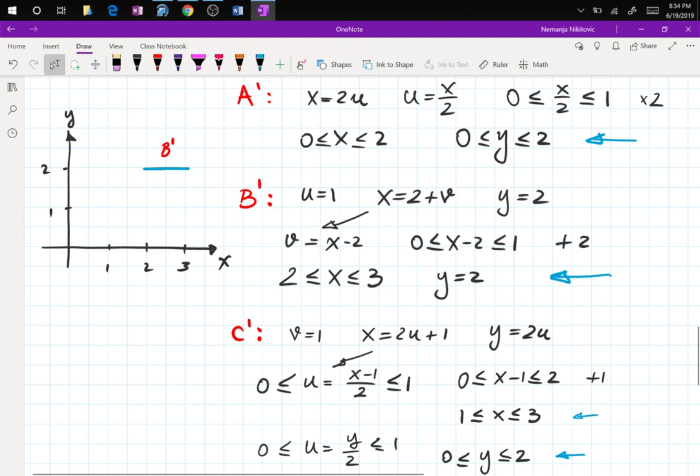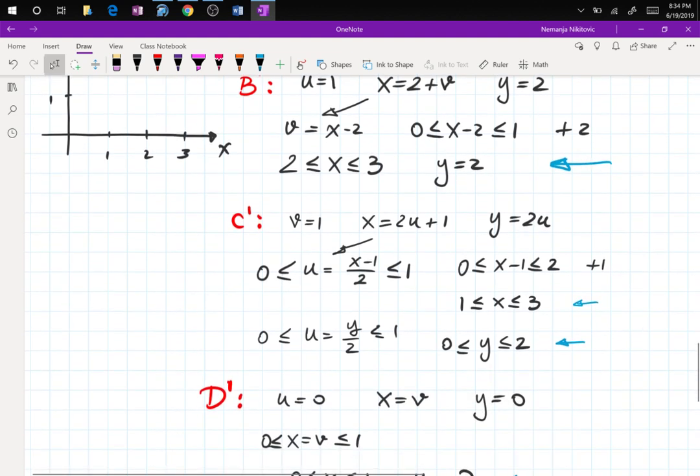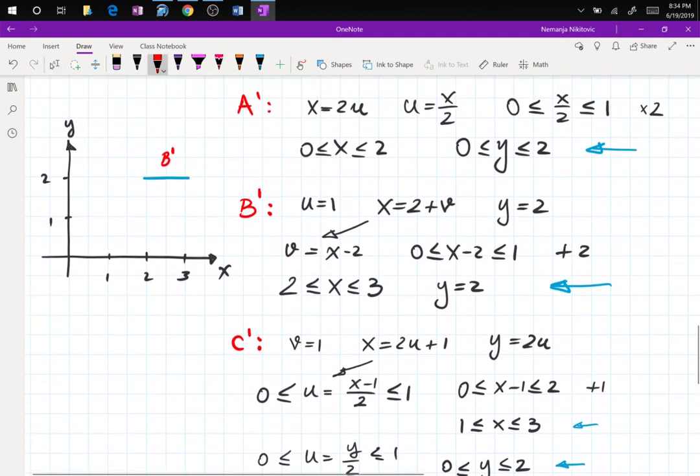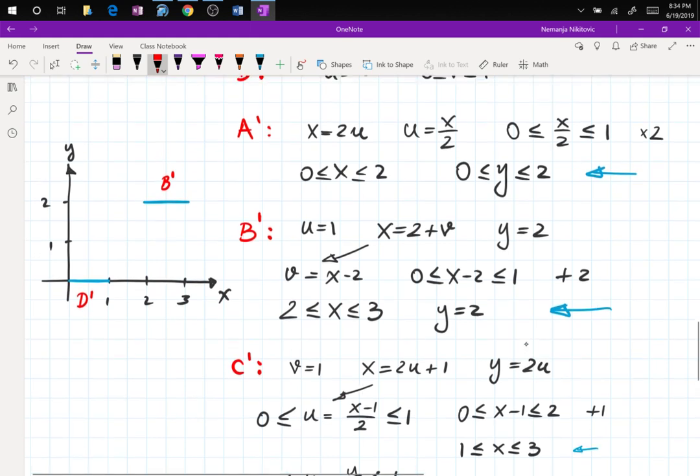So let's skip that one. We don't know what it is, right? Let's go to D prime, whew, that's easy. Y equals 0, 0 to 1. That's this. That's D prime. So, can you tell me now what A prime would be?